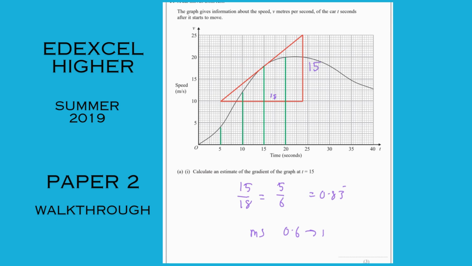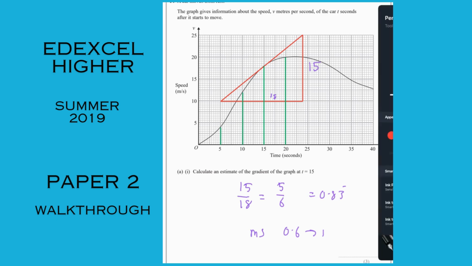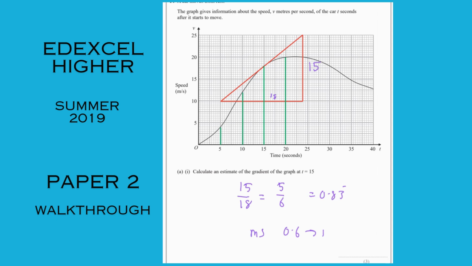Part B says to you, work out an estimate for the distance travelled in the first 20 seconds with strips of equal width. So I've done this one in green. I'll change to green pen as well, so we keep it all in the family. So I've simply, on my worked answers, called the strips A, B, C, and D. Now, to work out the areas of each, B, C, and D are trapeziums.